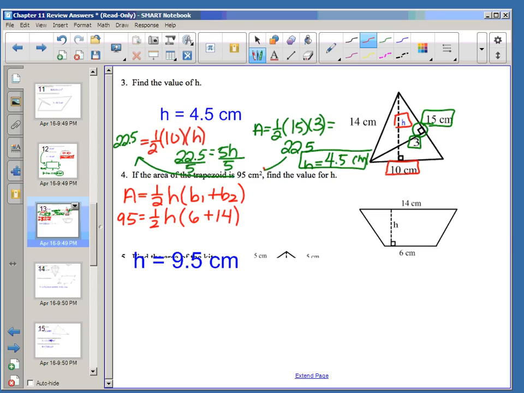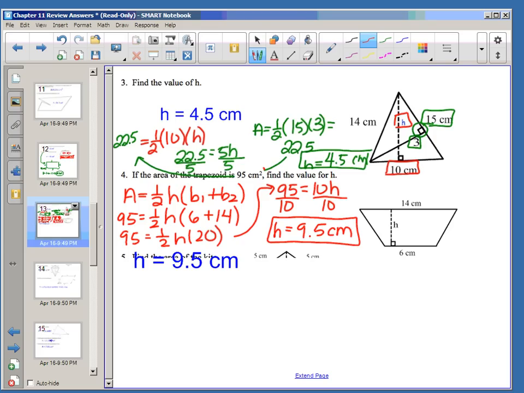Again, it doesn't matter which one you call base 1 and base 2. They're just going to get added together. So I'm down to 95 equals 1/2 h times 20. 95 equals 10h, so I'm going to get h to equal 9.5. And don't forget your units, which are centimeters.